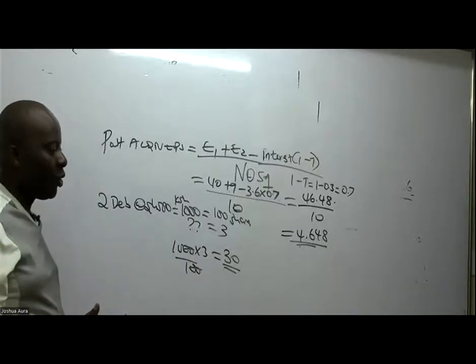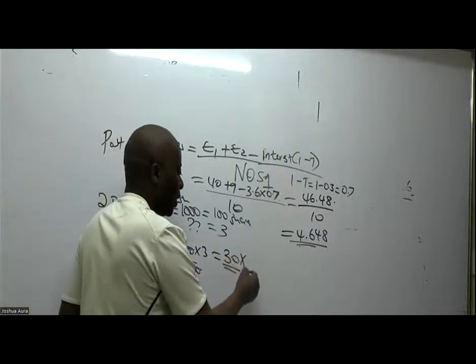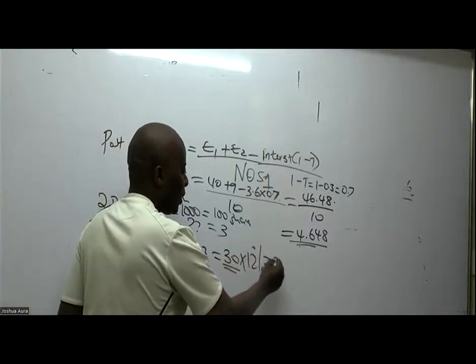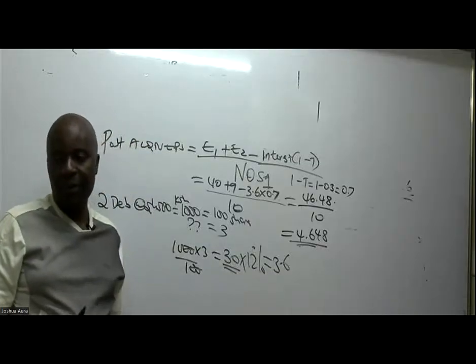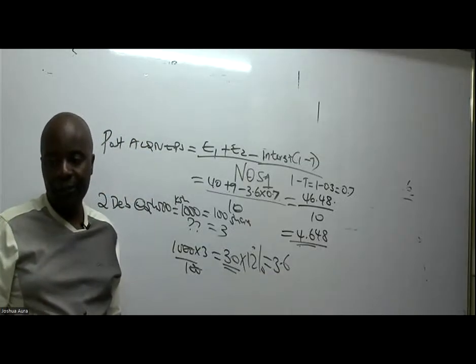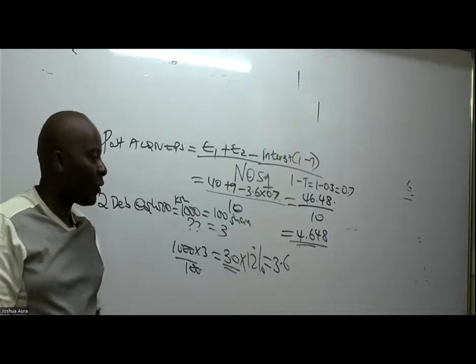That's the total debt. Once I have the total debt, to get the interest, I know the rate of interest is 12%. That's how I was able to get 3.6. Hope that helps you, Lucy. Great. Thank you very much. So that is the end of that question.